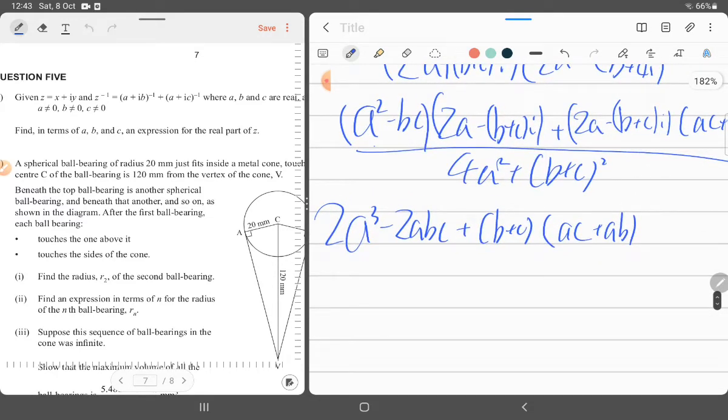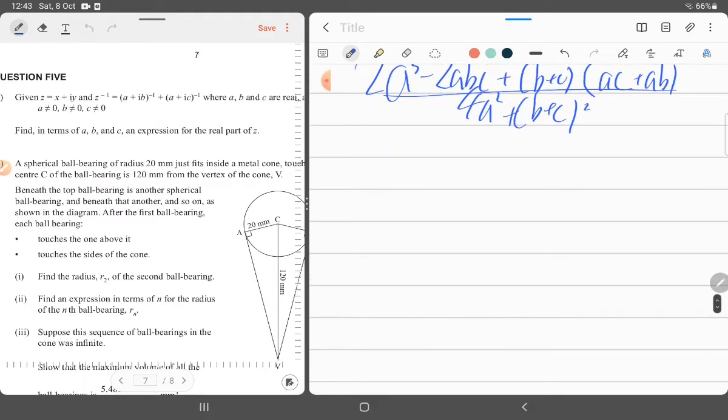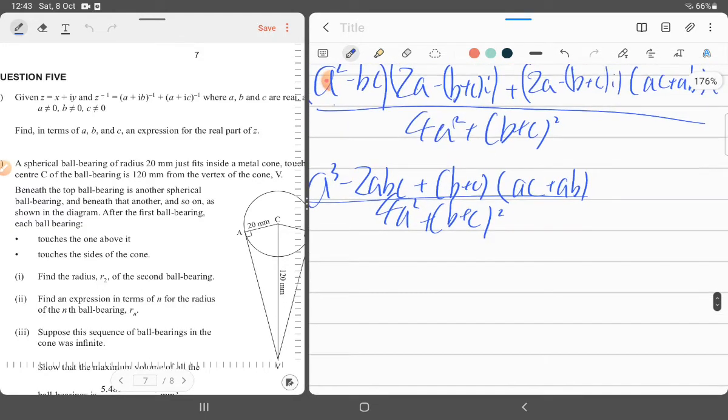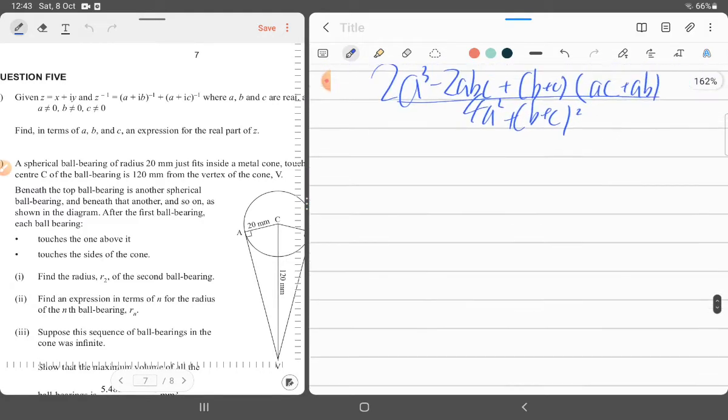Right. Yeah, okay, I think this is just it. 4a squared plus b plus c all squared. I'm not sure. I might have made a mistake somewhere. Yeah, I don't know. I can't tell.